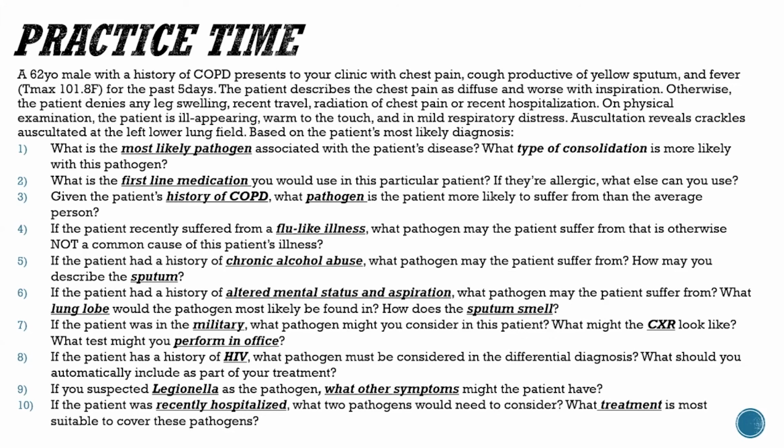Now, what if instead this patient was in the military or had a history of military employment? Well, that should start making you think something like Mycoplasma pneumonia. Remember, Mycoplasma pneumonia, which is the most common cause of atypical pneumonia, is usually seen in patients with school-aged or military background.